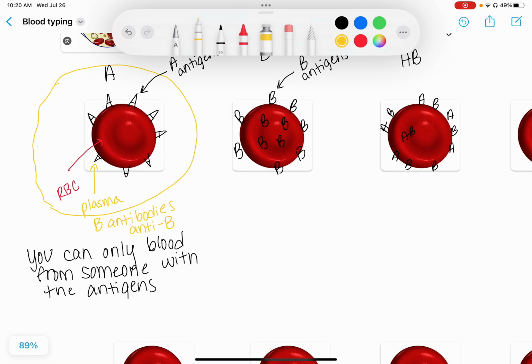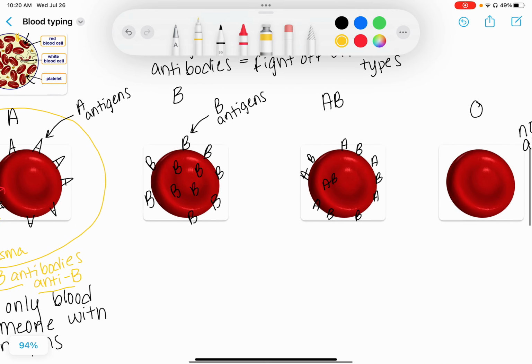So if this person with A blood was given B blood, they have these little fighters floating in the plasma just waiting to attack B blood. So A blood has A antigens and B antibodies.